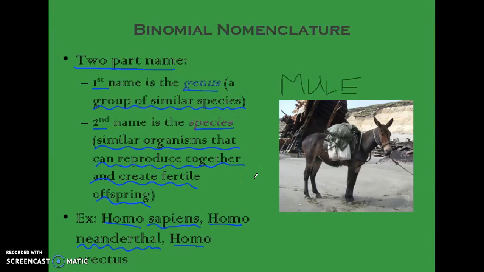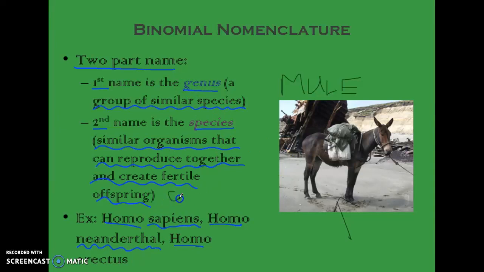So why aren't they the same species? The answer is because this mule cannot have children. It cannot reproduce. It's the end of its family line. Horses and donkeys can make mules over and over again, but a mule and another mule cannot make a mule. So that means they don't meet this criteria, creating fertile offspring.